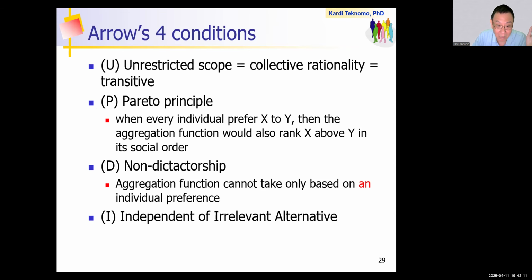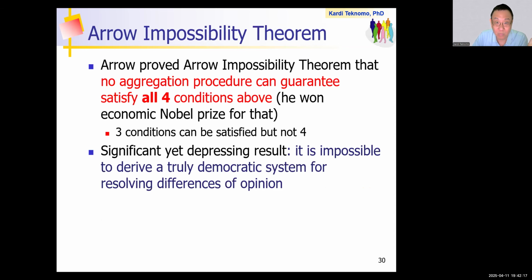So what Kenneth Arrow did, for which he won a Nobel Prize, was to prove that no aggregation procedure can guarantee to satisfy all four conditions above. That means only three conditions can be satisfied, but not four. That's why it is called the impossibility theorem.